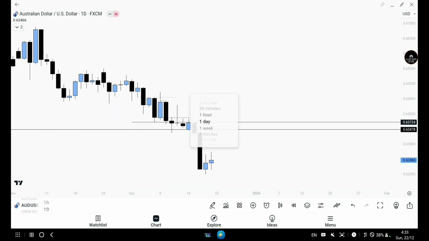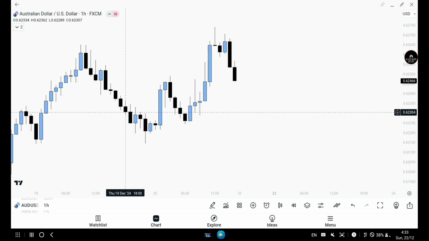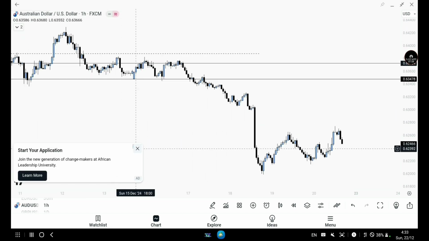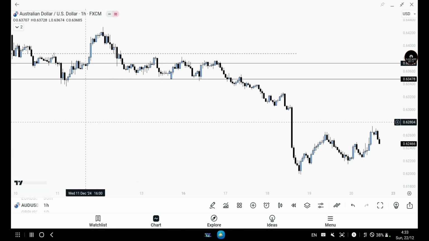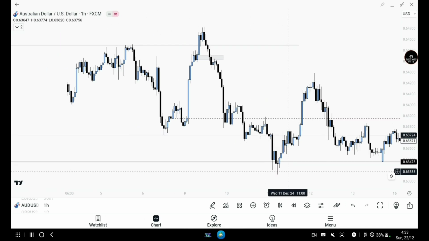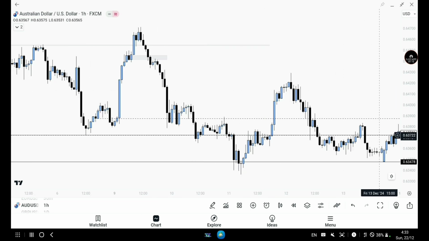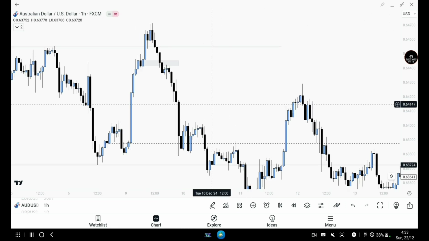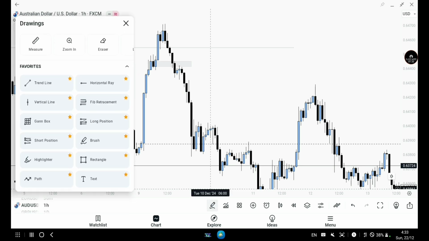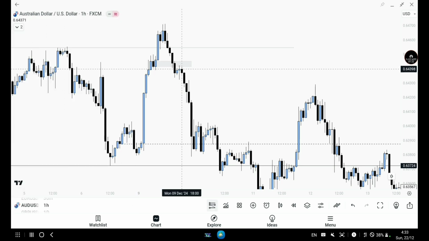So on the H1, that's where we look for what? Our setup, the breaker entry model. Right there, you can clearly see the breaker now. And you take your short position at the low of the breaker right there.